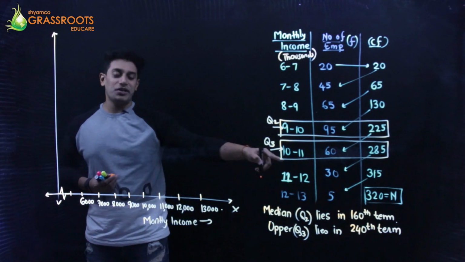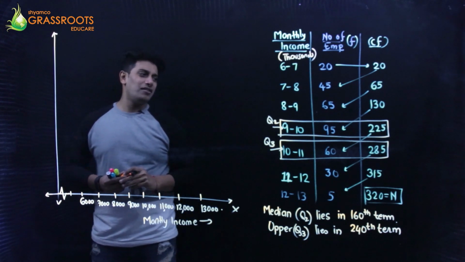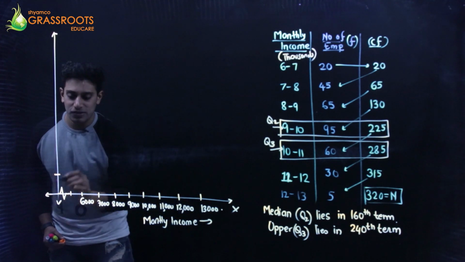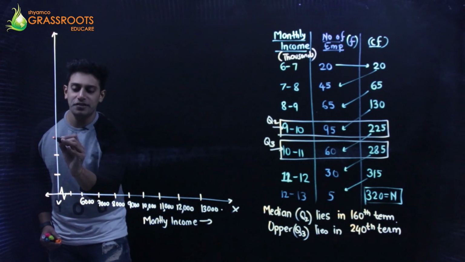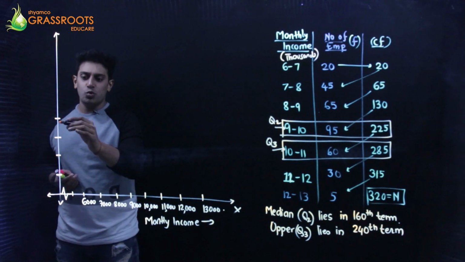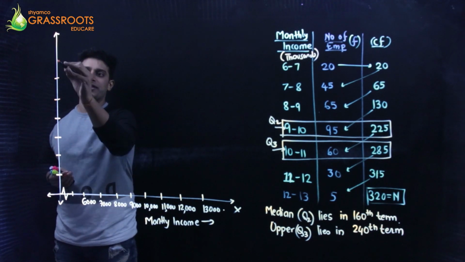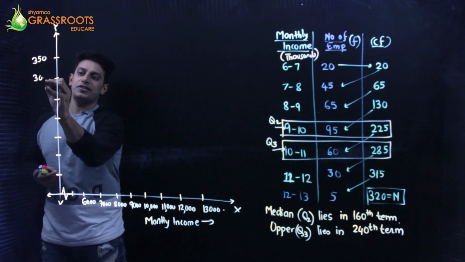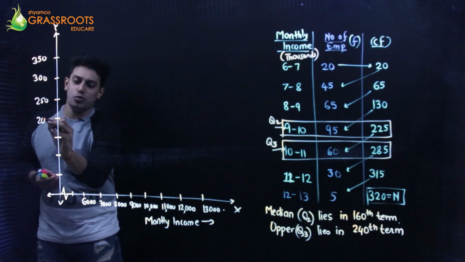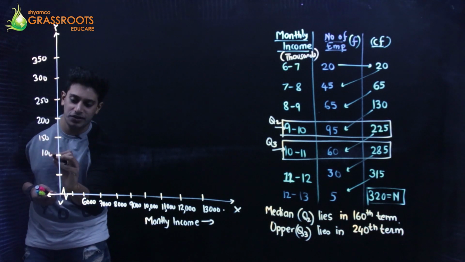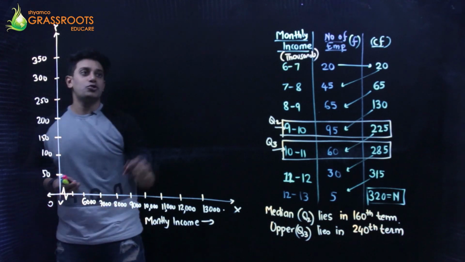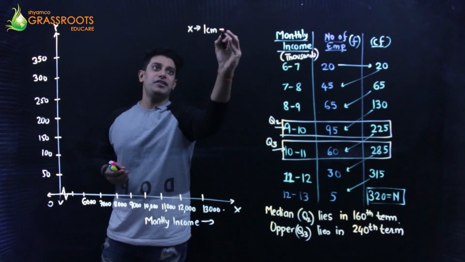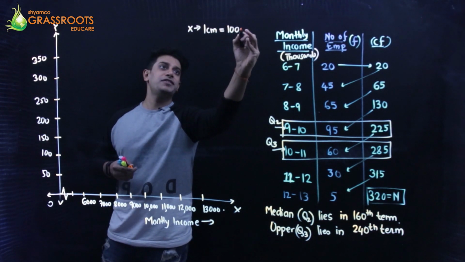Since the maximum is going till 320, you can take a gap of 50, with 2 centimeters as 50 units. So 0, 50, 100, 150, 200, 250, 300 and 350. On the x-axis, 1 centimeter is equal to 1000 rupees.